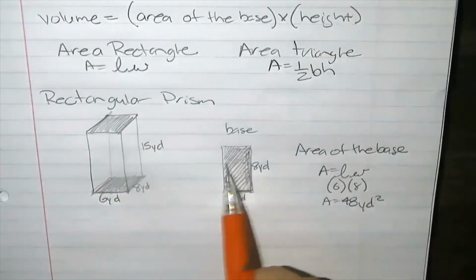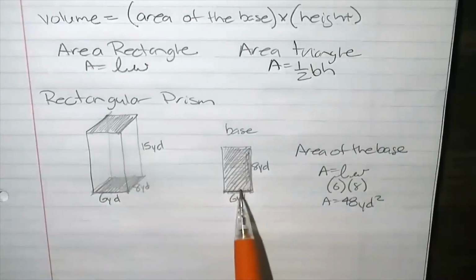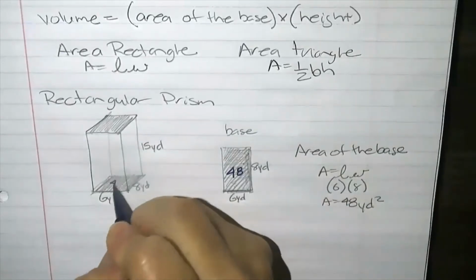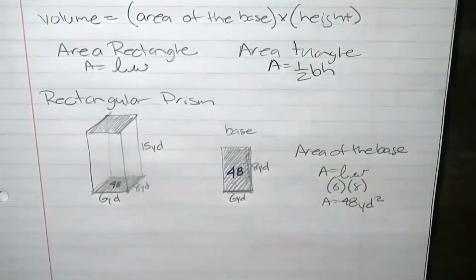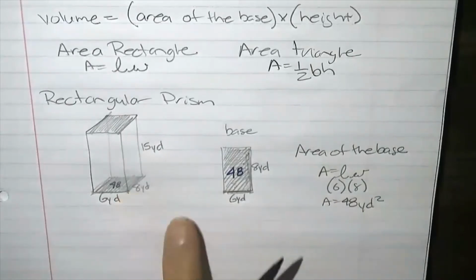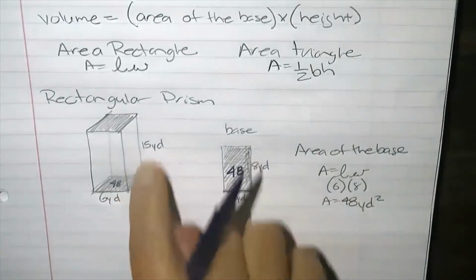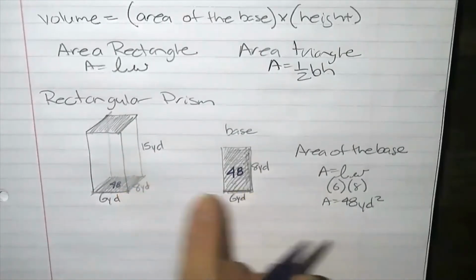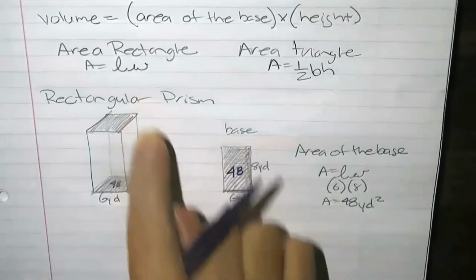So we figured out the area of this base. The base down here is 48 yards squared. Now we have 15 of these bases, because it's 15 yards going up.